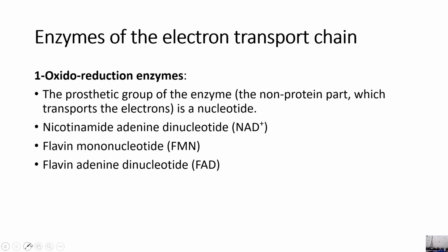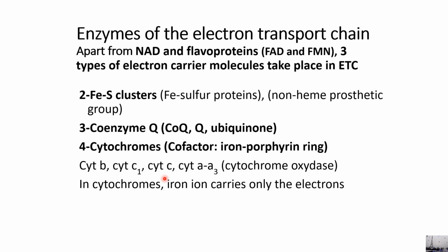So enzymes of the electron transport chain are oxidoreduction enzymes. The prosthetic group of the enzyme, the non-protein part which transports the electrons, is a nucleotide: nicotinamide adenine dinucleotide NAD+, flavin mononucleotide FMN, flavin adenine dinucleotide FAD. Apart from NAD and flavoproteins FAD and FMN, 3 types of electron carrier molecules take place in the electron transport chain.